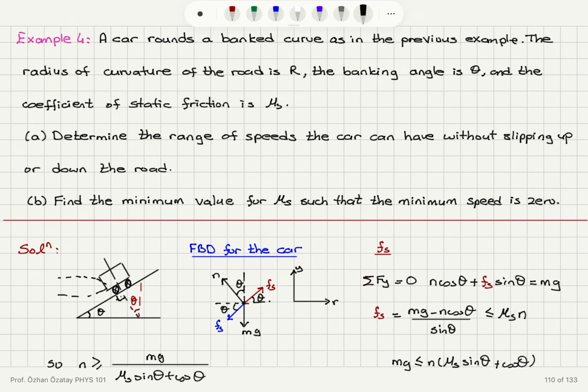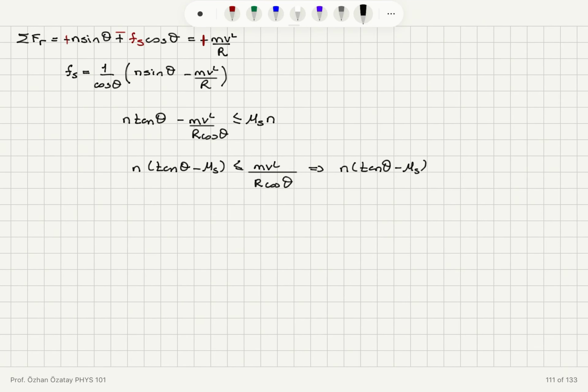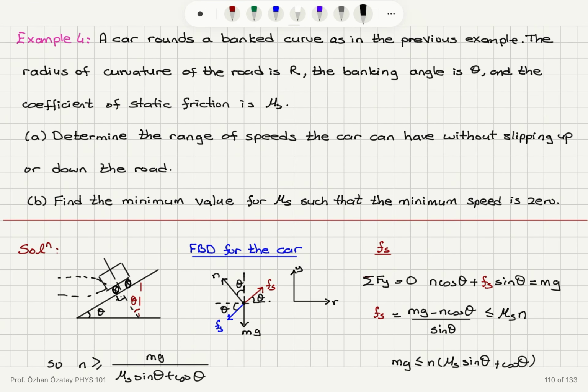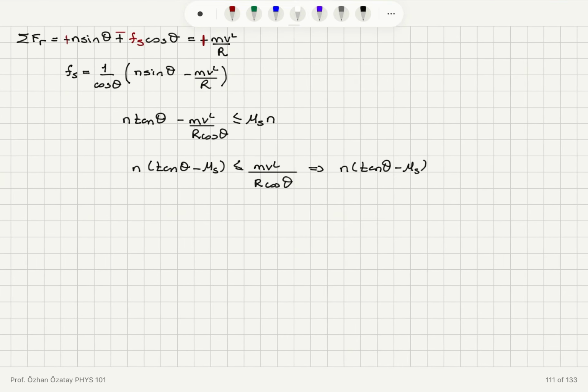From the statement I had about the normal force here, the normal force is greater or equal to mg over mu s sine theta plus cosine theta. Basically, for n tangent theta minus mu s, I can multiply this with tangent theta minus mu s, the right hand side and left hand side, in order to obtain another inequality for n tangent theta minus mu s.